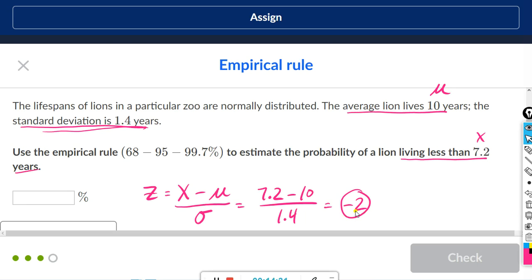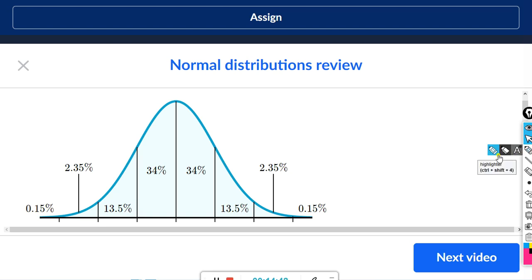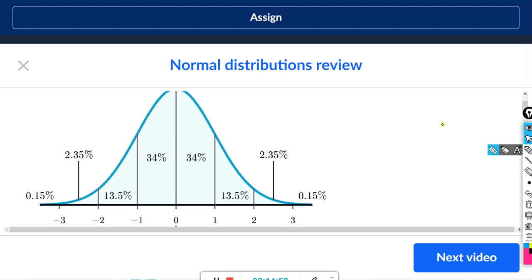So we're going to go to our curve, all right, and we want the probability that the lion lives less than that. Okay, so less than is always to the left, and the z-score is -2. Let's check it out. Okay, we said the z-score is -2. Okay, so on the bottom is your z-scores. Right here is -2. All right, so that's at this bar right here. And it said less than, so we're going this way.